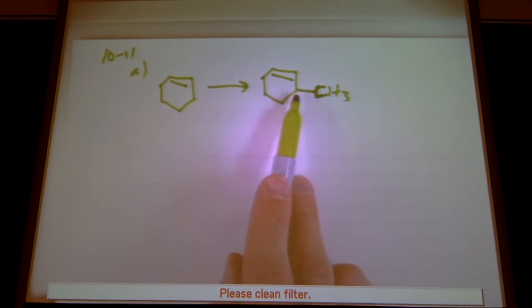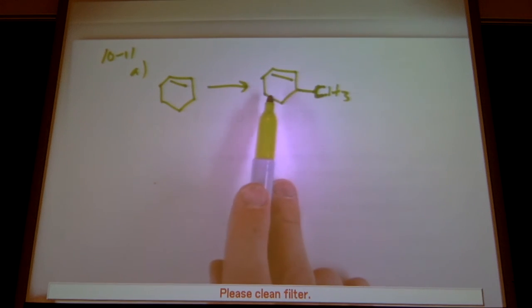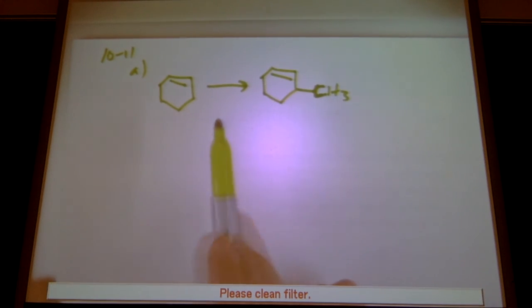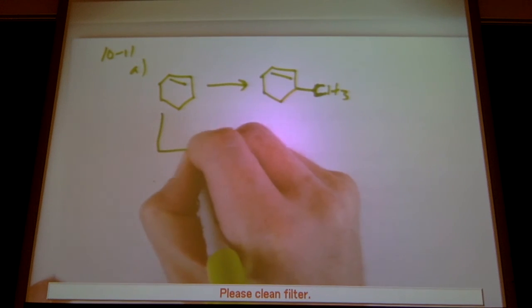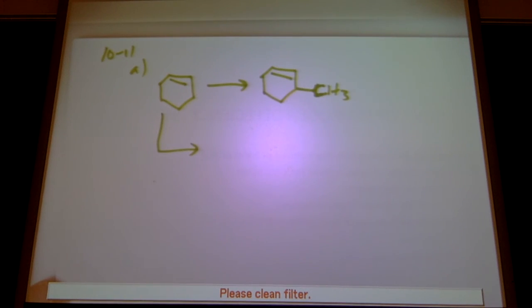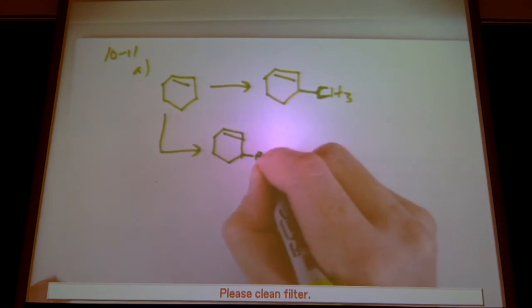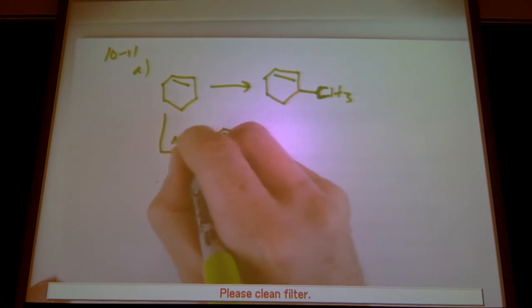So if I look at the differences between my starting material and product, there's a methyl group attached at the allylic position. Well, I haven't seen a way to attach an alkyl group just at the allylic position. But what can we attach to the allylic position, the position adjacent to a double bond? We covered it earlier today: a bromine using NBS.